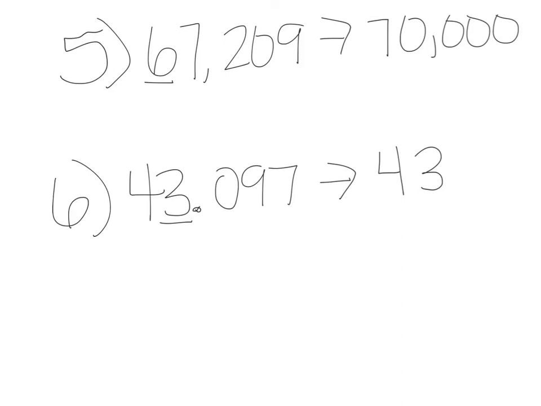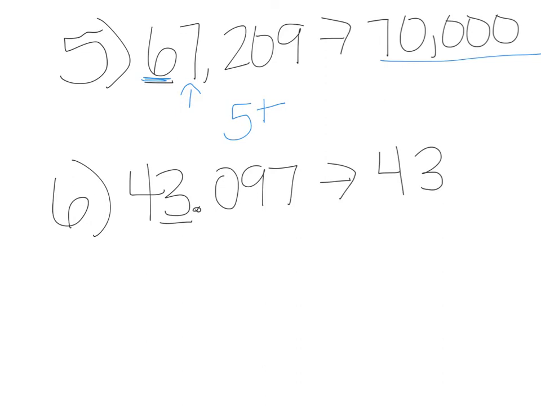All right, number 5, you should have 67,209, and you are rounding to the nearest 10,000. Okay, so I have my 6, and I look at my 7. 7 is 5 or above, so I'm going to make my 6 go up and turn into 70,000.